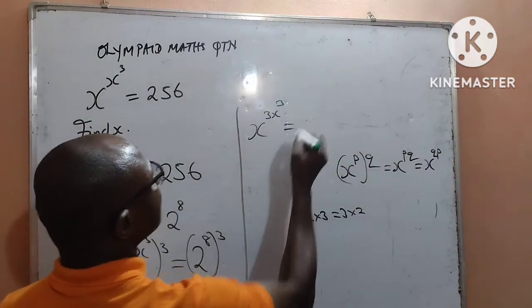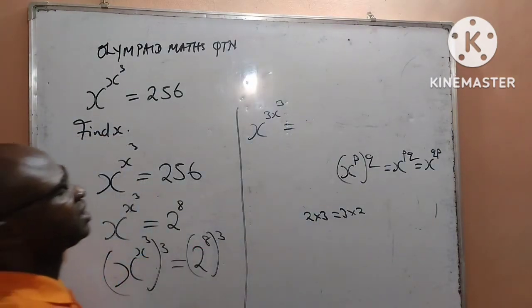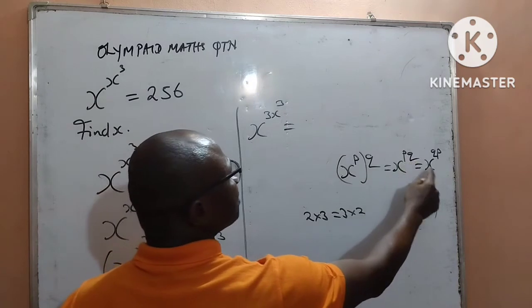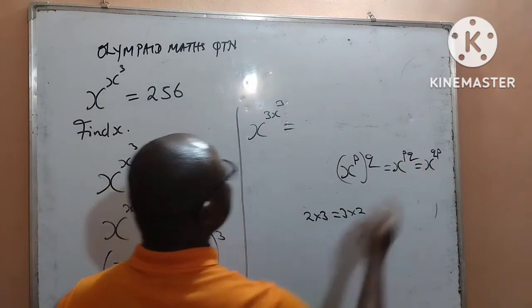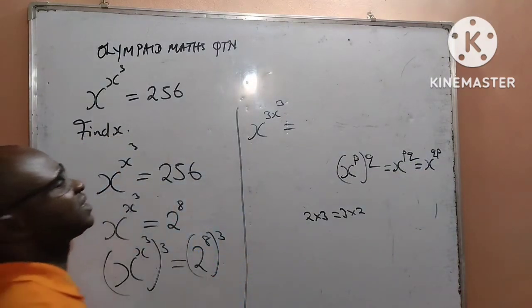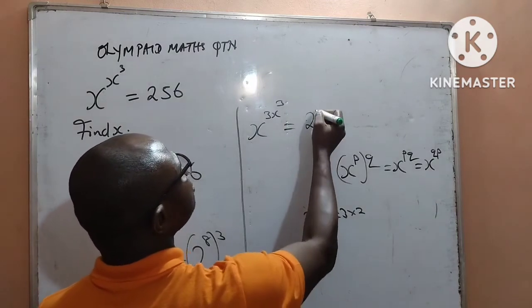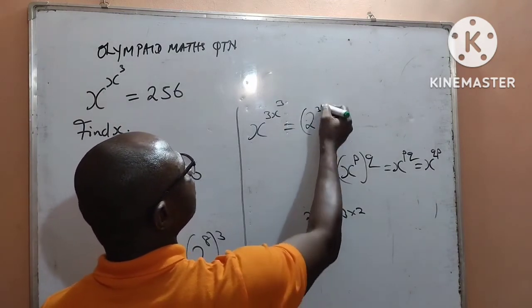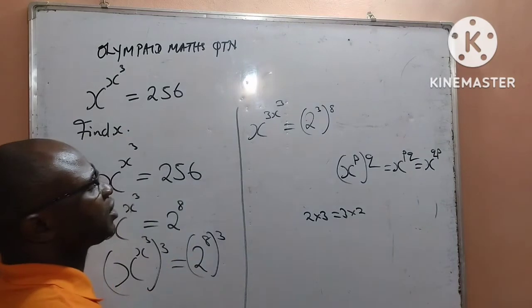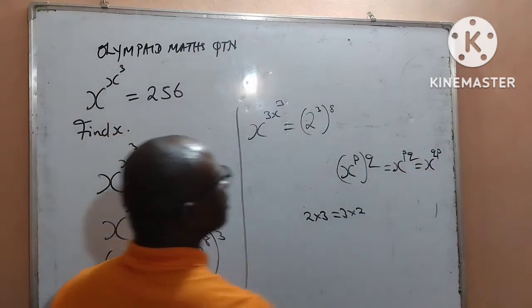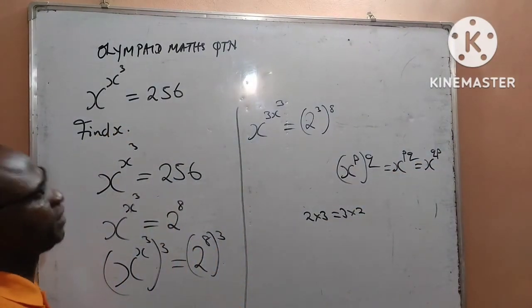And by the right hand side, I can switch it. Since x to the power of pq is the same thing as x to the power of qp, I can now switch it from the right hand side and have it as 2 to the power of 3 or to the power of 8, because pq is equal to qp.